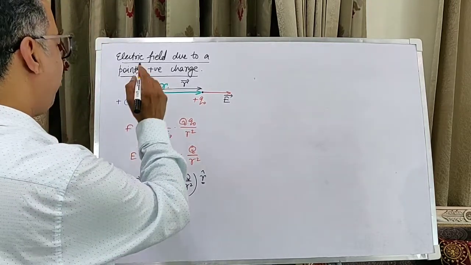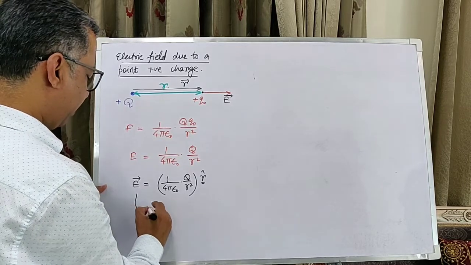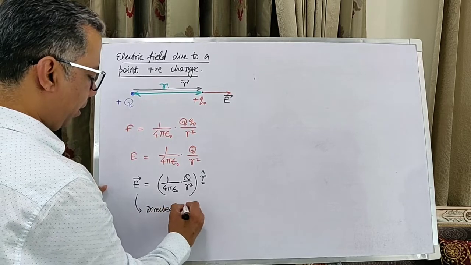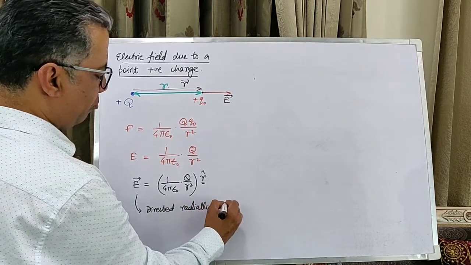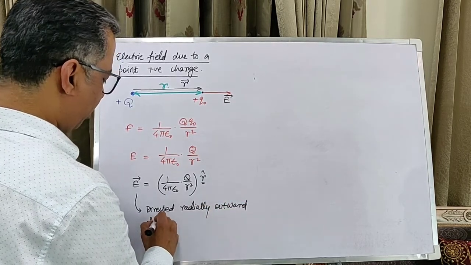So for a positive test charge, electric field is directed radially outward from the charge.